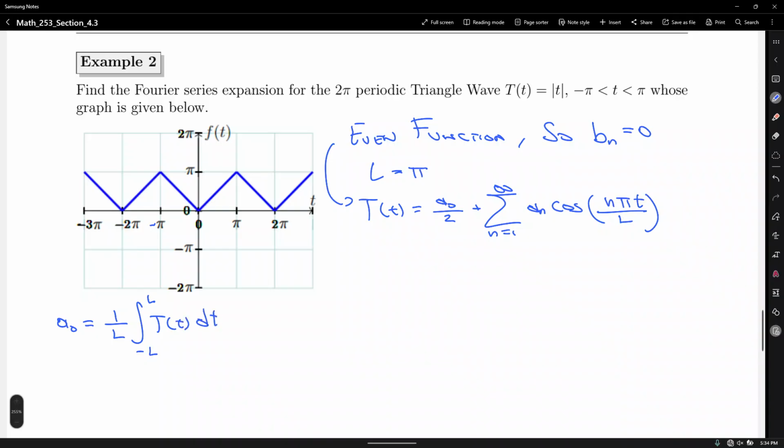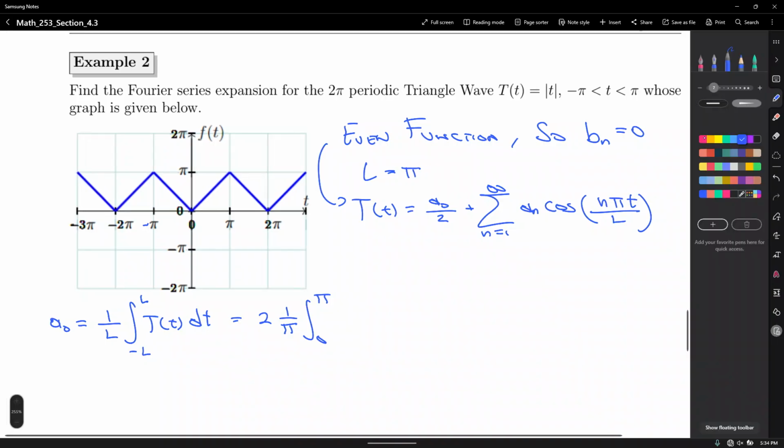But again, isn't that function an even function? So that means we can do 2 times 1 over L, which is 1 over pi, times the integral from 0 to pi of T of t. Okay, guys, here is the thing. What's the function that we're going to input in the integrand? Check this out.